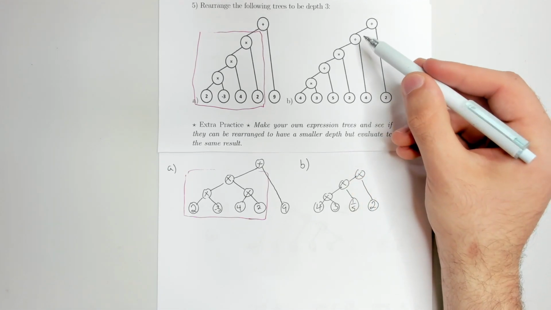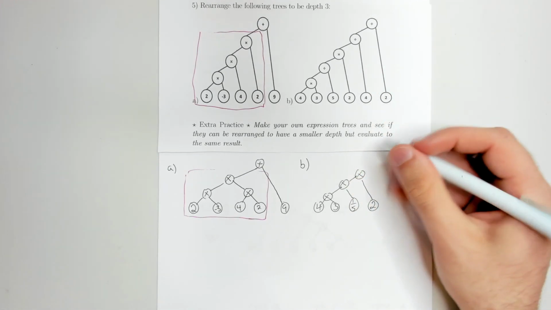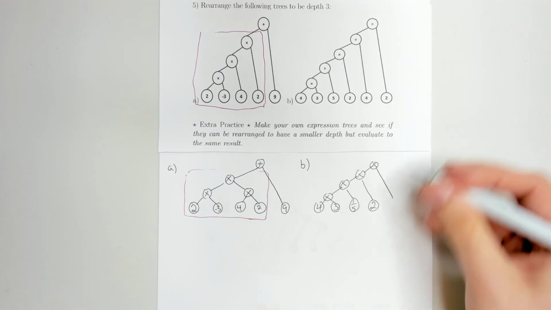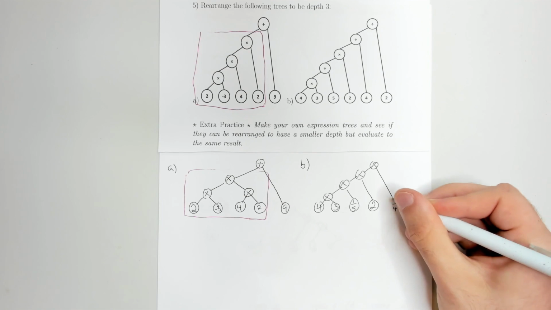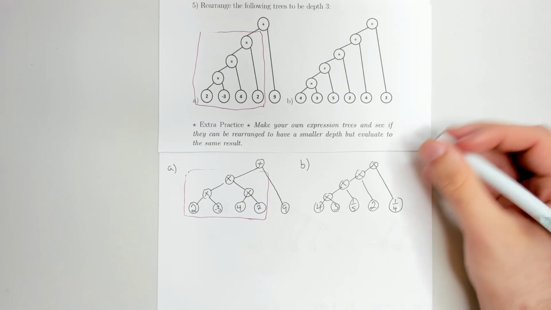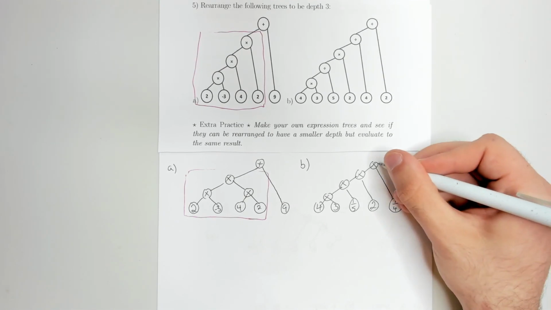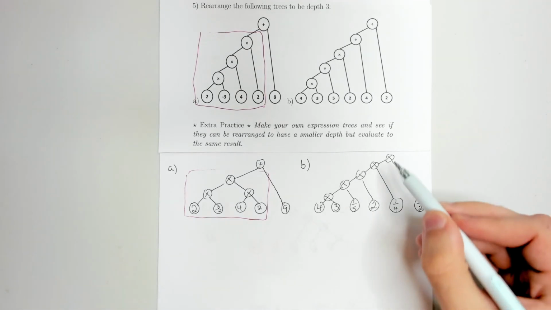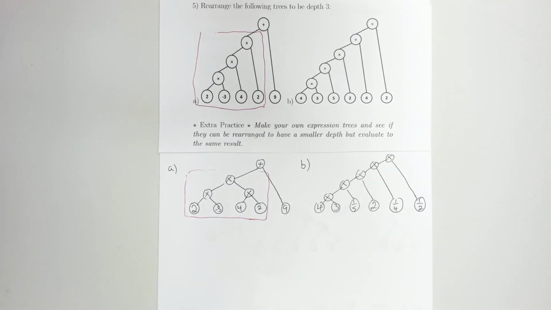And then we're dividing by 4, so to convert that into multiplication, we multiply by the reciprocal of 4, which is a quarter. And then lastly, we're dividing by 2, so once again we multiply by the reciprocal of 2, which is a half. Now we've converted this tree into something where it's all multiplication, and now we can freely restructure this to get a tree that is of depth 3.